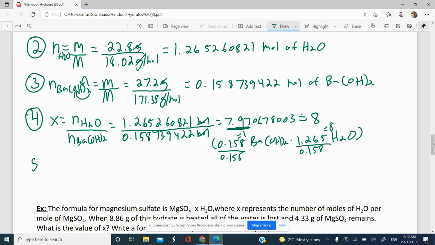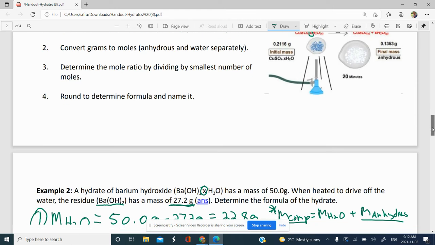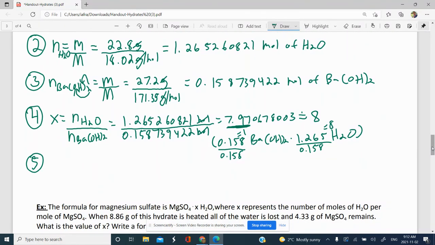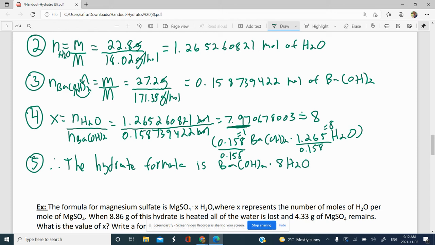But our final step is essentially just taking the X value and plugging it into our unknown formula. So we had the BaOH2. So therefore, the hydrate formula is BaOH2 dot, the X is 8H2O.